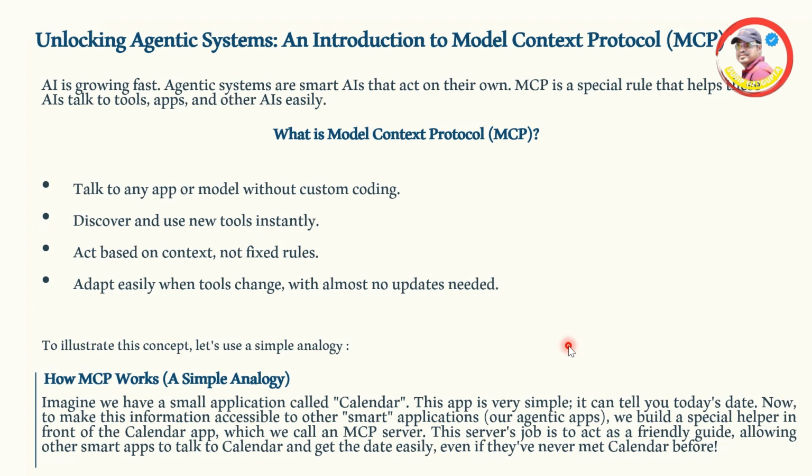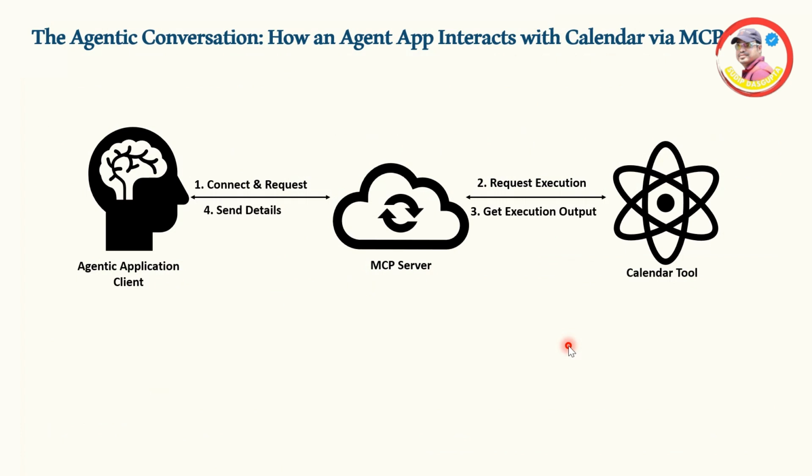Okay, so if I show you the example picture, then I think it will be very easy for you. So this is how it looks like. This is our agentic application client, or maybe you can say the small robots running on our system, right? First step, it connects with the MCP server, and then it tells the MCP server, hey, I want to book a flight ticket.